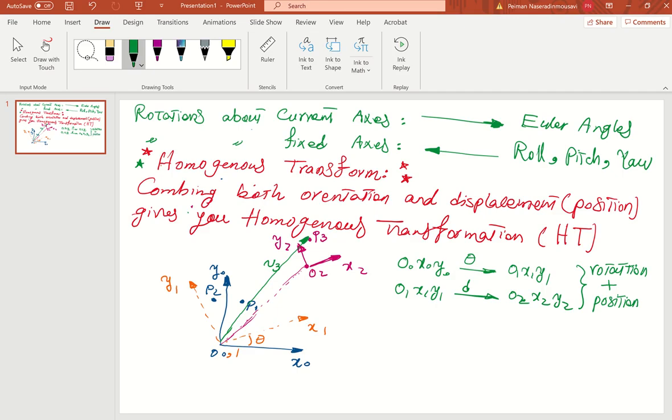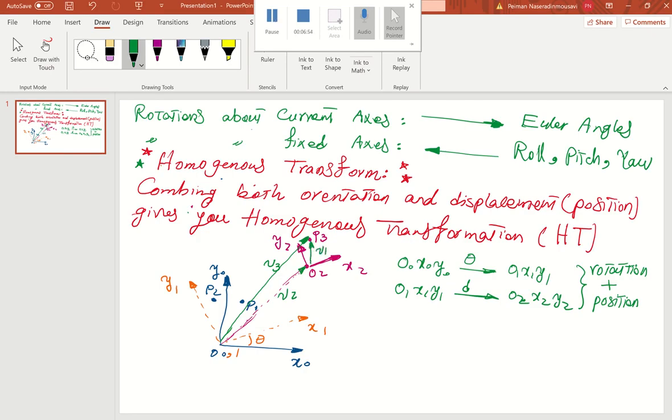Understand? Hold on, I have to fix this. Now, based on the algebra, you know that this green vector V3 is the sum of this purple one, which I'm calling V2, and this one, which I'm calling V1. This is vector summation.